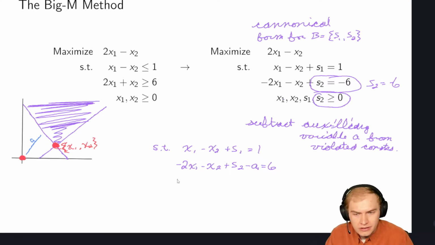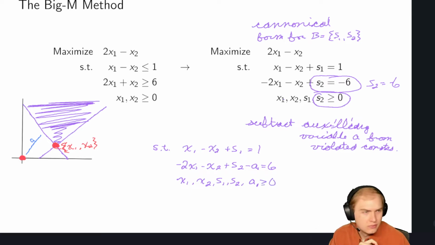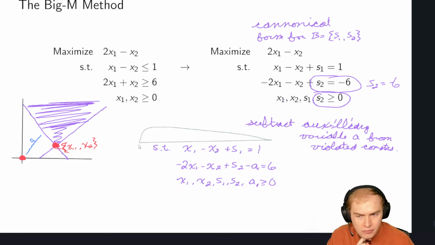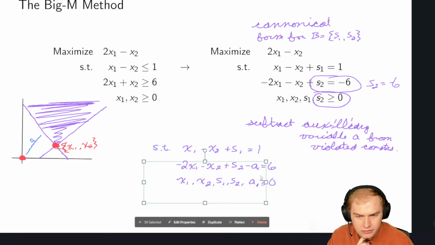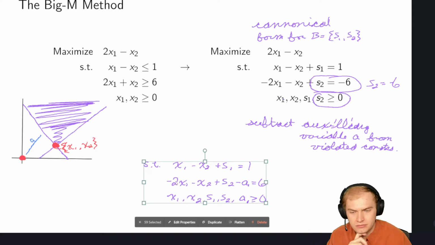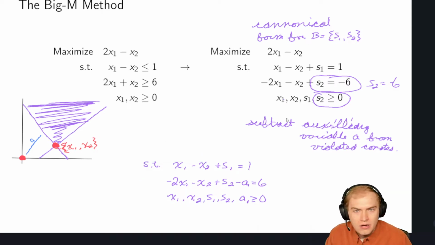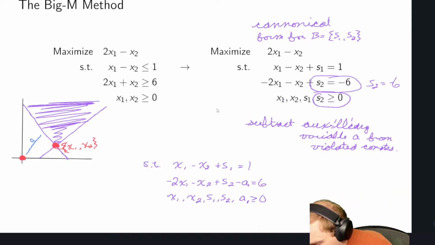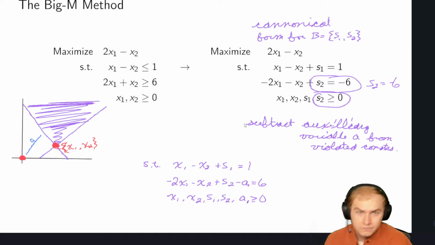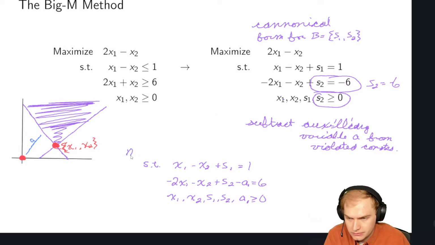And then we need our non-negativity, including for our new auxiliary variable. Now let me move this down here. And then we want to maximize.